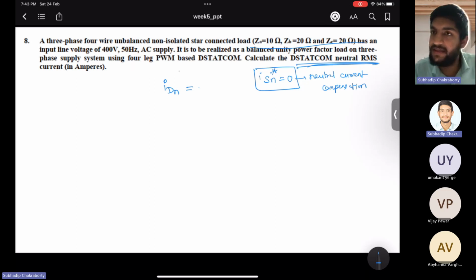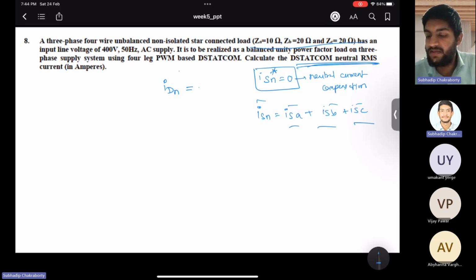However, it is not true for an unbalanced loading scenario, because your neutral current will be ISA plus ISB plus ISC. When ISA plus ISB plus ISC is not 0, you have some unbalance. For that, ISN is not equal to 0. When ISN is not equal to 0, without compensation, you have neutral current. We connect the DSTATCOM to neutralize this neutral current.